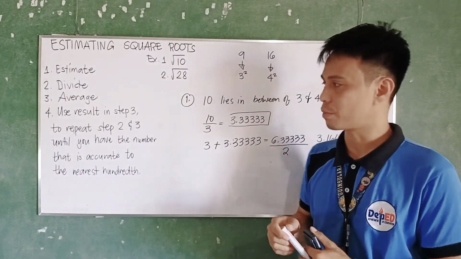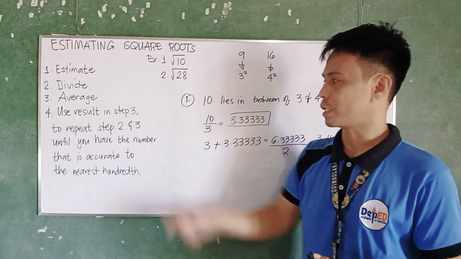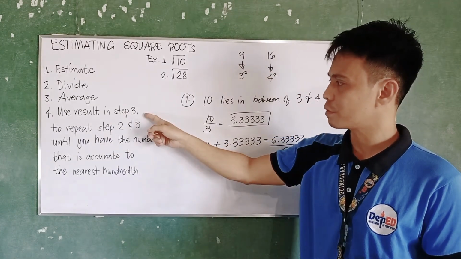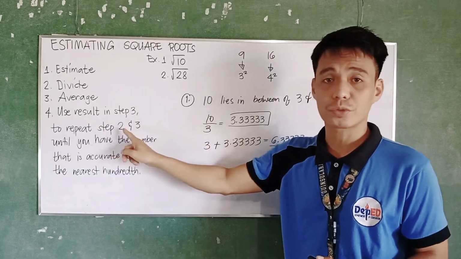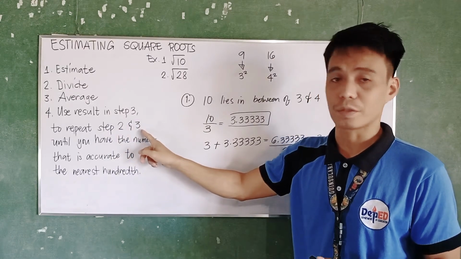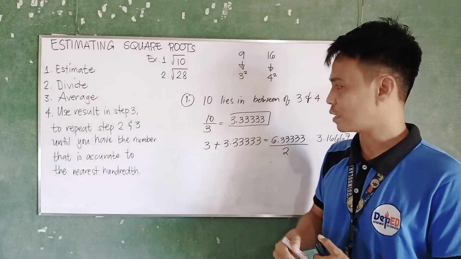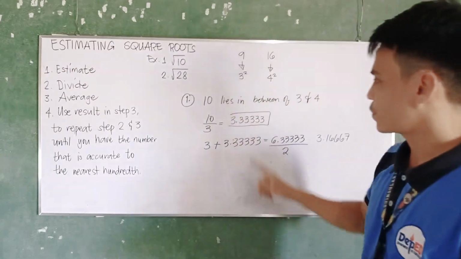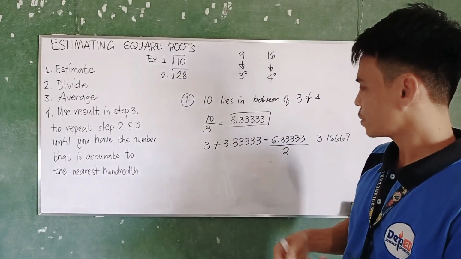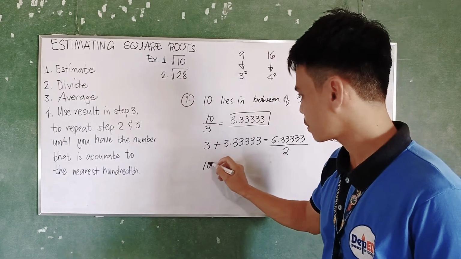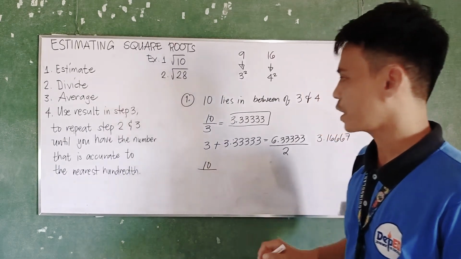So okay, now we have our step number 3. So let's do step number 4. Step number 4, guys, is we have to repeat step number 2 and step number 3. Babalik lang tayo sa step number 2 and step number 3. So divide natin yung 10.